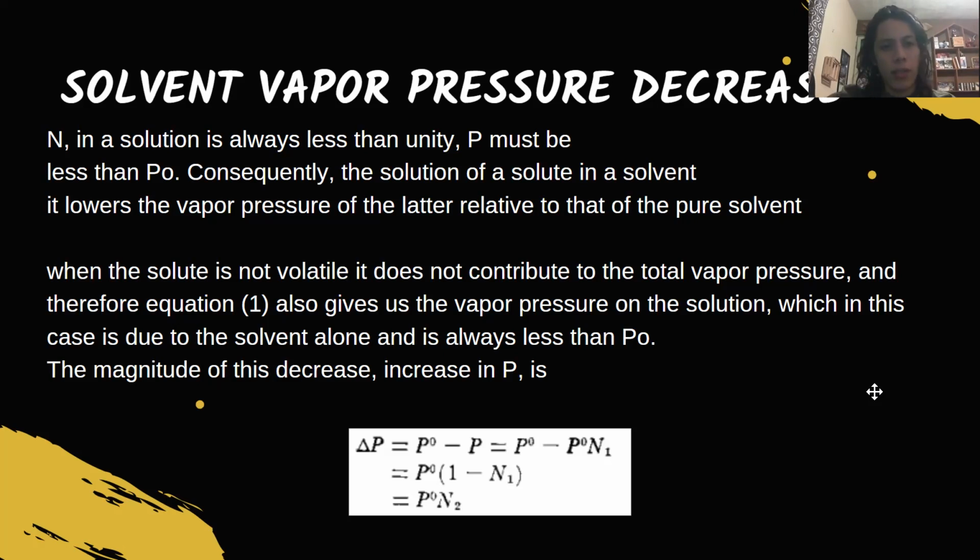When the solid is not volatile, it does not contribute to the total vapor pressure, and therefore equation 1 also gives us the vapor pressure for the solution, which in this case is due to the solvent alone and always less than P0. The magnitude of the decrease in P is given by the next expression, where we can see the decrease of P from P0.